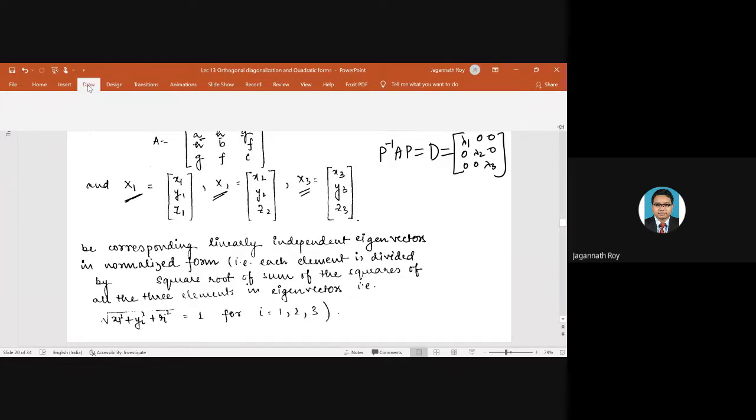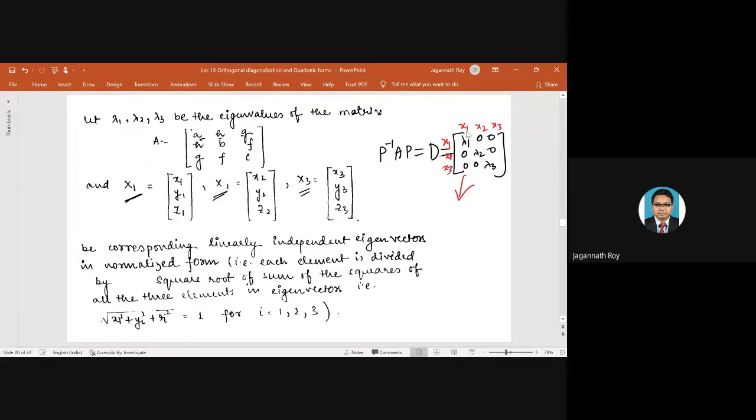So if you take it here x1, x2, and x3, and here also you write x1, x2, and x3. Now if this is the matrix of the quadratic form and you write down the quadratic form from the given matrix, then this will become lambda 1 x1 square plus lambda 2 x2 square plus lambda 3 x3 square.